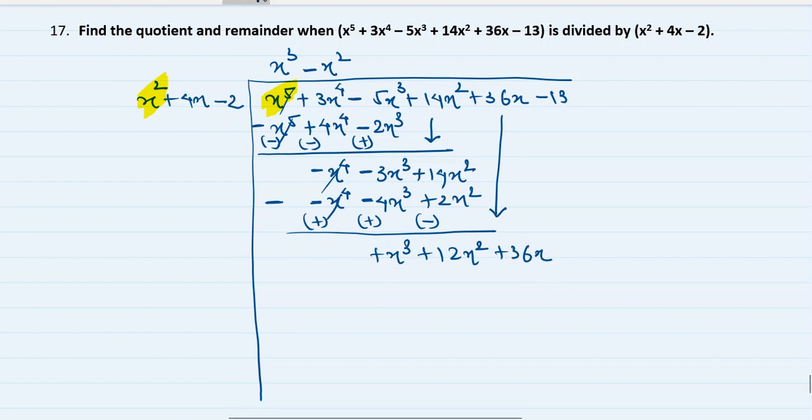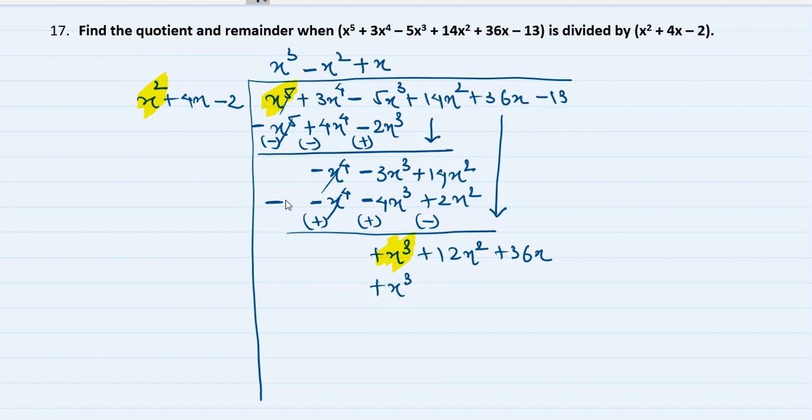Now dividing the first term of your dividend with the first term of your divisor. So plus x cube divided by x square is plus x. So plus x multiplied by x square is plus x cube.